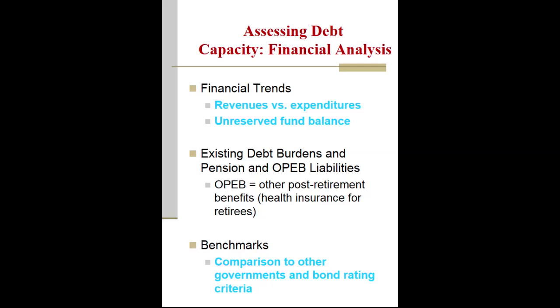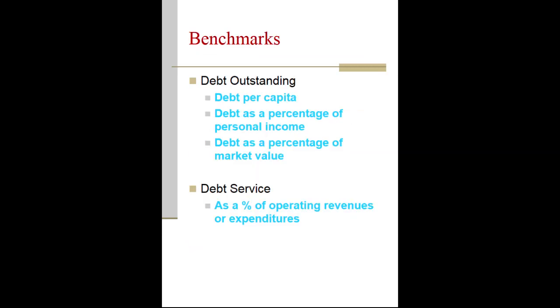And then governments also typically look at benchmarks where they compare their financial indicators to those of other governments, as well as comparing to bond rating criteria. In terms of benchmarks, the ones that are the most commonly used are indicators of debt outstanding burdens.